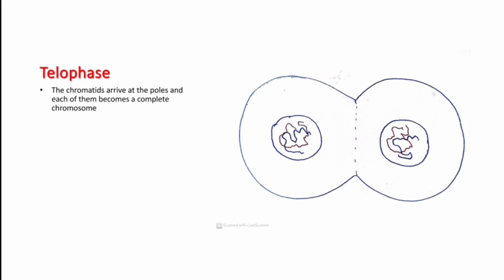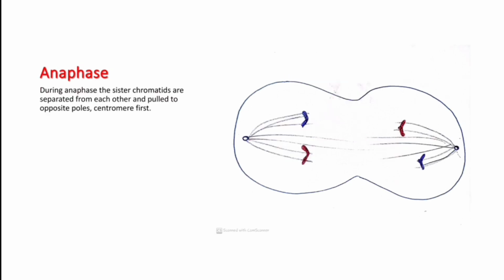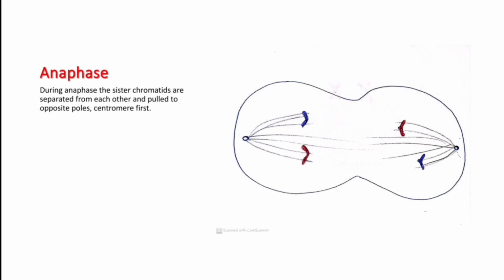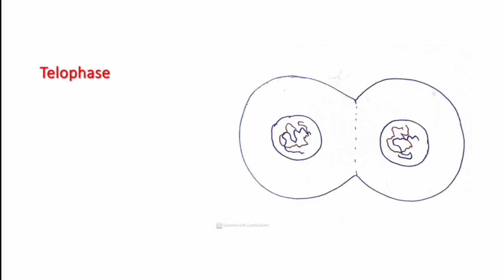Okay, so let me just go back to the previous drawing. So here we've got two chromosomes or sister chromatids. We've got this one and that one. Here we also have this one and this one. In the telophase, they will now finally reach the opposite poles of the cell. Okay, that's the first thing that will happen, and they will become full chromosomes.